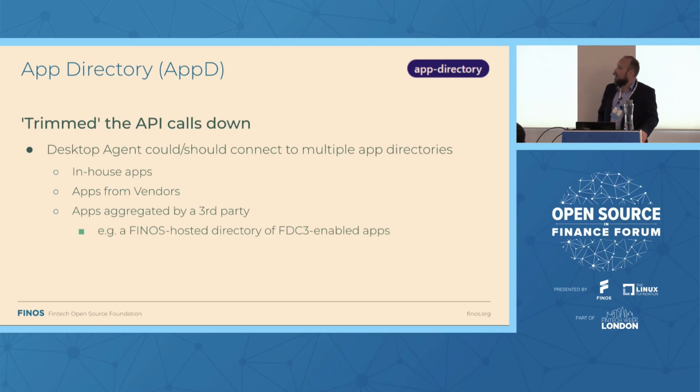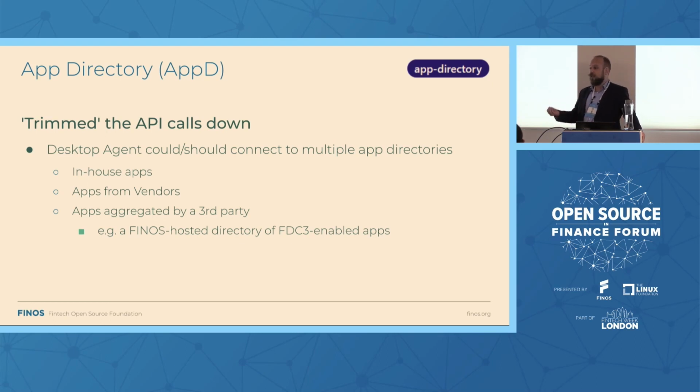So at the same time, we trimmed the API calls down to just what really was needed to standardize. There was more in there than we needed, and we did that on the intention that desktop agents should be connecting to multiple app directories.